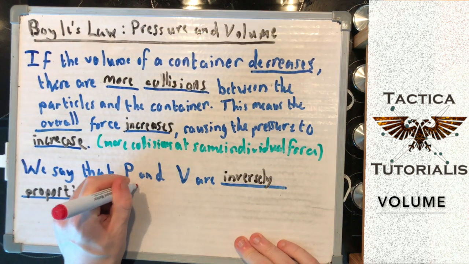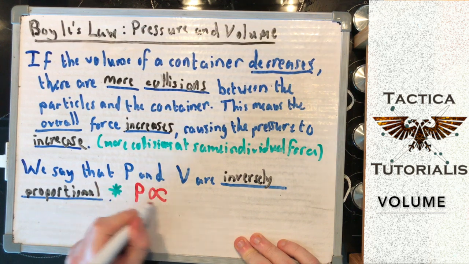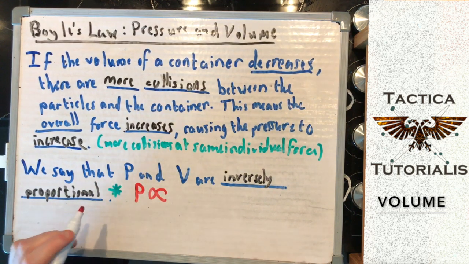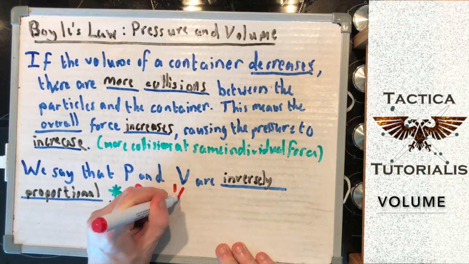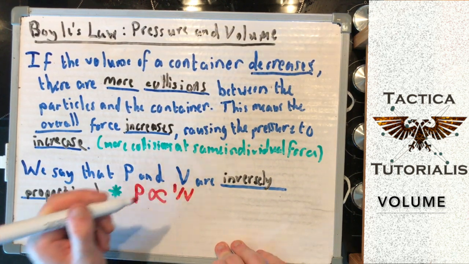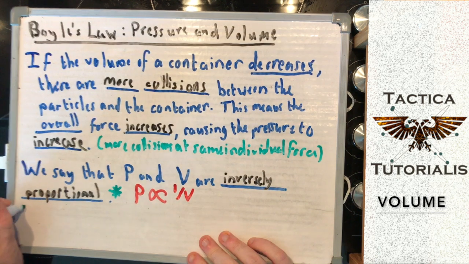So that means that pressure P is proportional. That's a proportionality symbol for those people who've not seen it in maths before. Proportional to 1 over volume. It's not P equals 1 over volume, but it is proportional to 1 over the volume. Now the asterisk is very similar to our previous asterisk, except we've just got to change a few words.